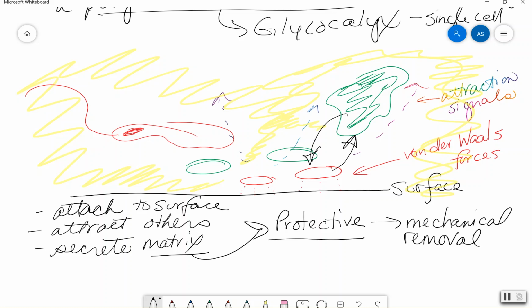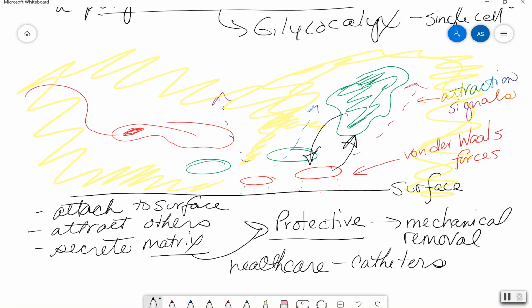Because their removal is so difficult, that's why they're a huge problem in healthcare, because they get into primarily urinary catheters. They're a huge problem in those because there's a lot of nutrients in urine. They form on the catheter, very difficult to get rid of, and they cause infections, kidney infections, urinary tract infections, but they can form on other indwelling devices as well, such as pins, artificial hips.